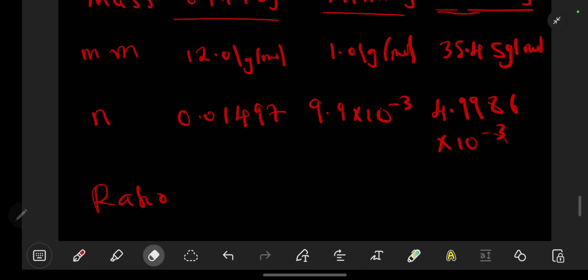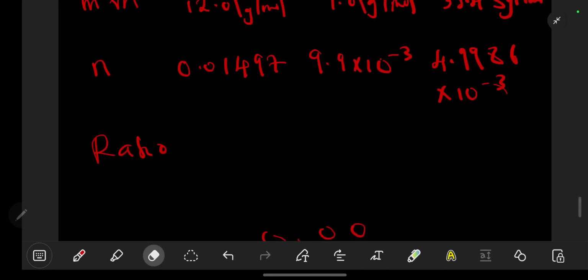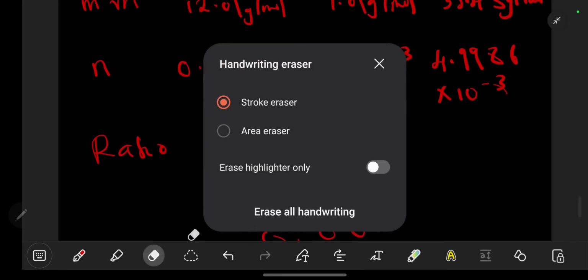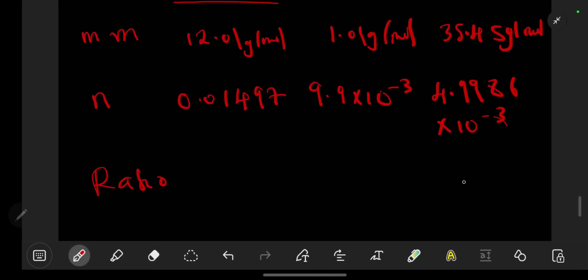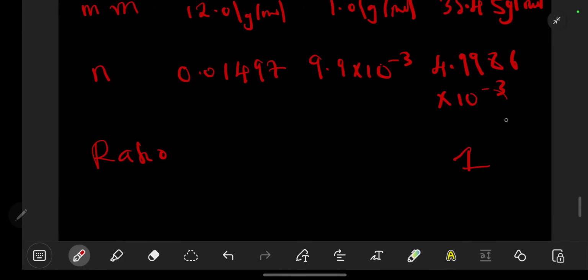So if we divide the same value by itself, it is going to give us a 1. So we have a 1 here. For the ratio, you divide this value by itself, which is a 1. Then this value, you divide by 4.9986 times 10 to the power negative 3.